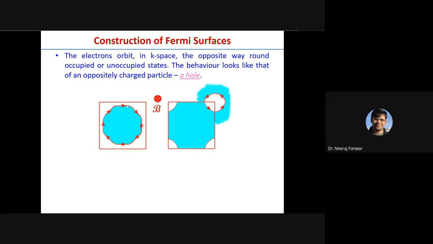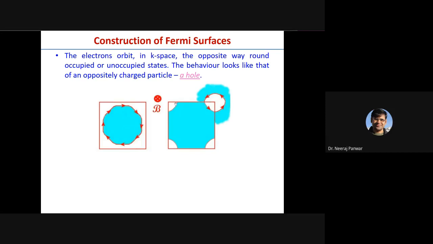This will form an electron orbit whenever the particle is moving deep inside the Brillouin zone. The particle is moving on a constant surface like this, and all the states are occupied here. The occupied states are represented by the sky blue circle. So the electron is moving in this direction.